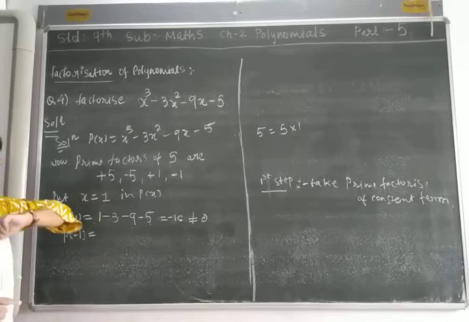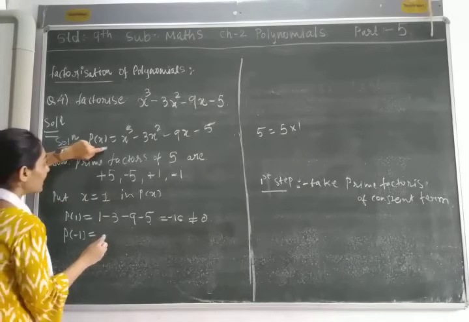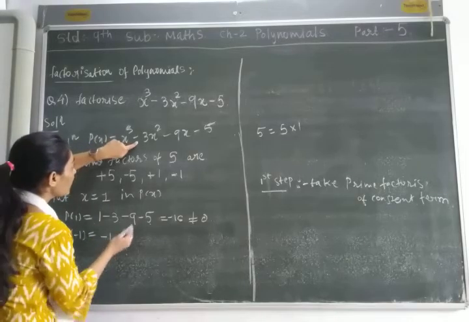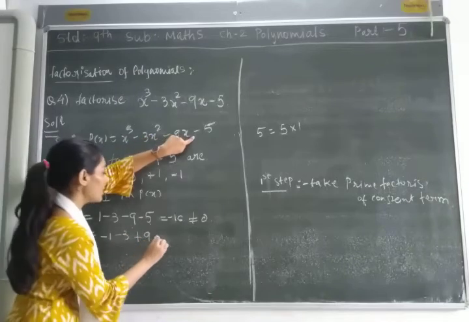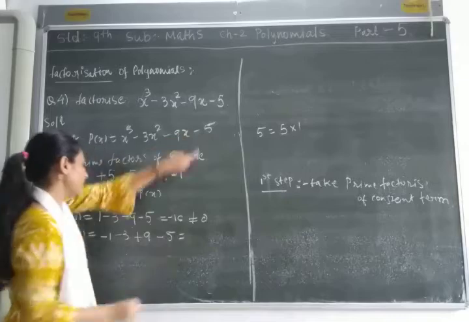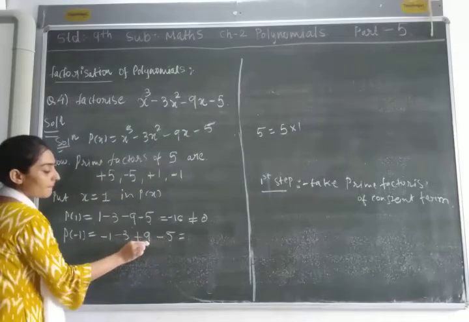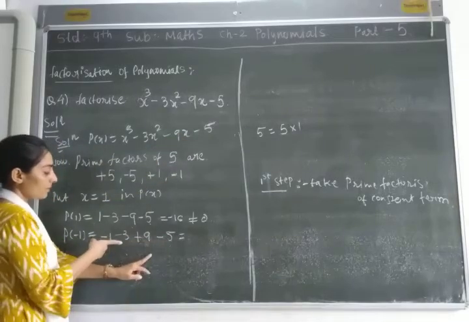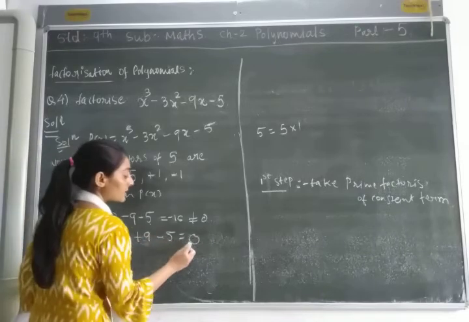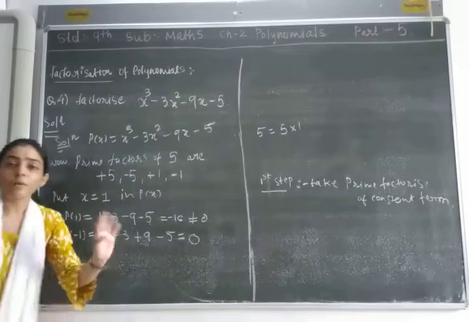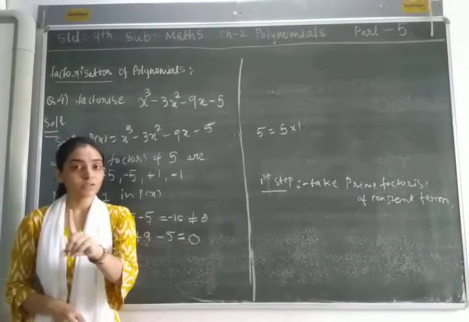I'm getting minus 1, minus 3, plus 9, minus 5. So plus 4 and minus 4. I'm getting 0. So we stop over here. We just found only 1 zero.